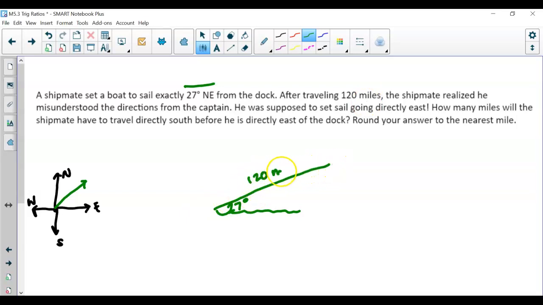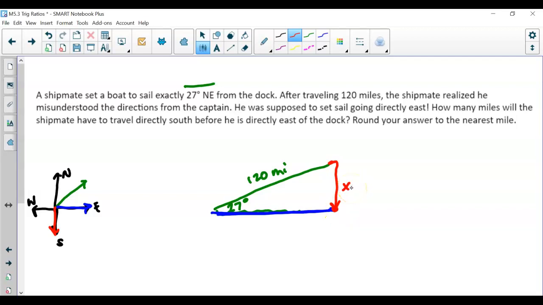After traveling 120 miles, realized that they were supposed to go directly east. So this is the direction that they were supposed to go. How many miles will the ship have to travel directly south? So here, that means the boat is here. So how far does it have to go directly south to meet up where it was supposed to be?